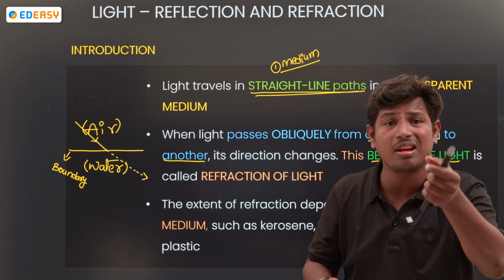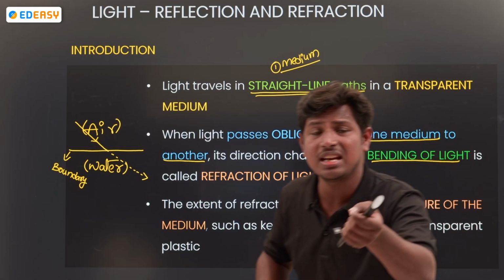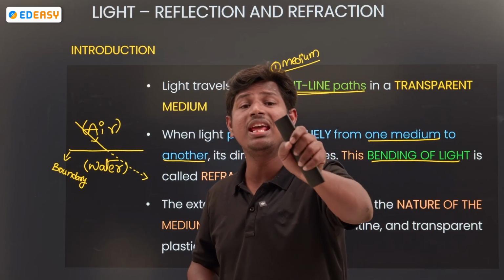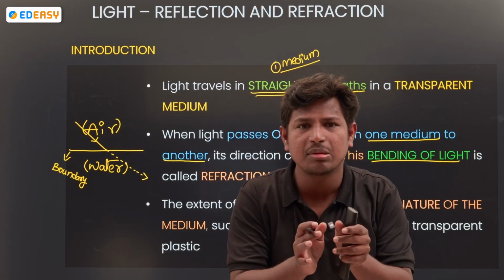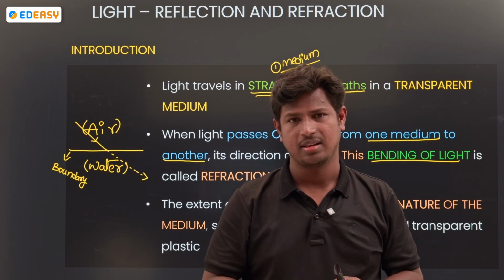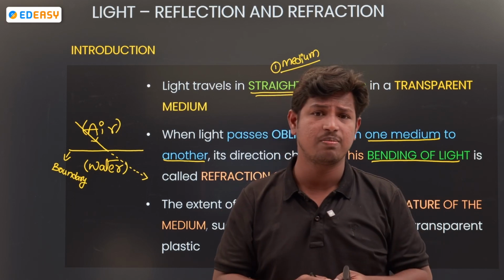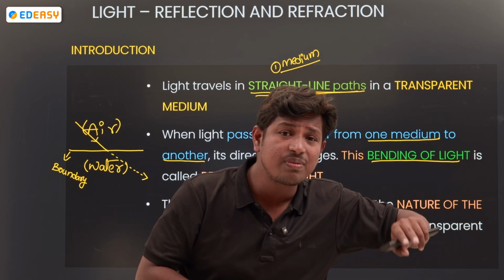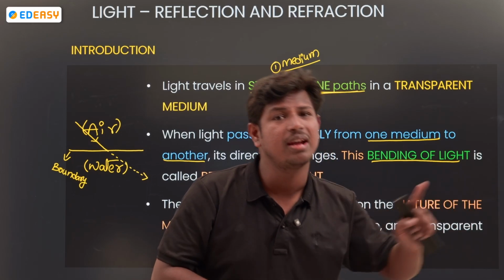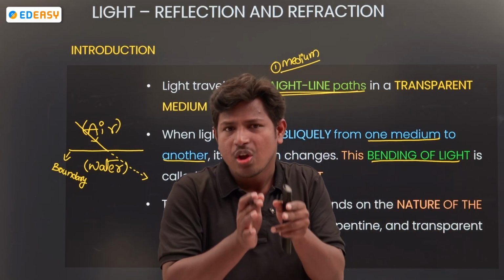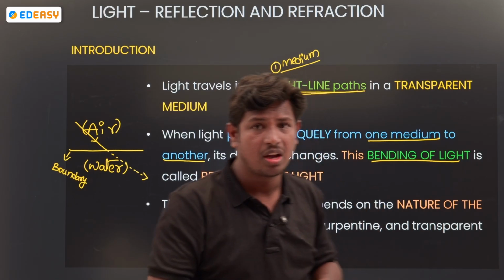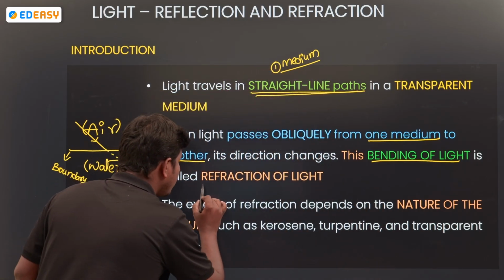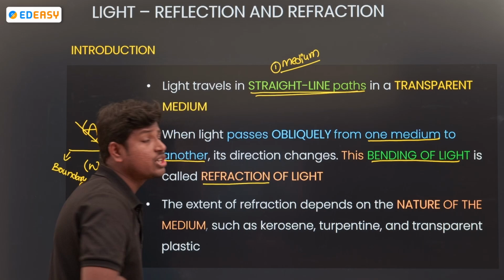Remember, what is meant by refraction? Refraction is nothing but bending of light. That property we call refraction of light.